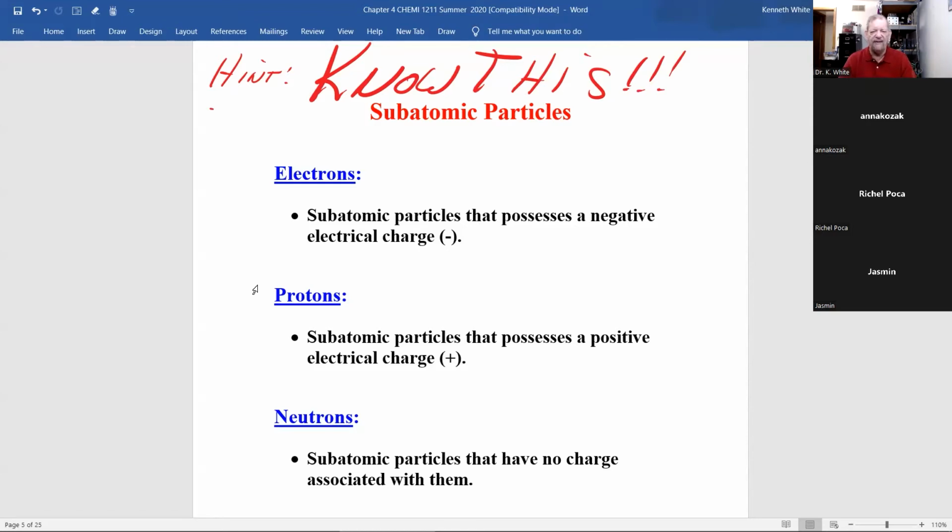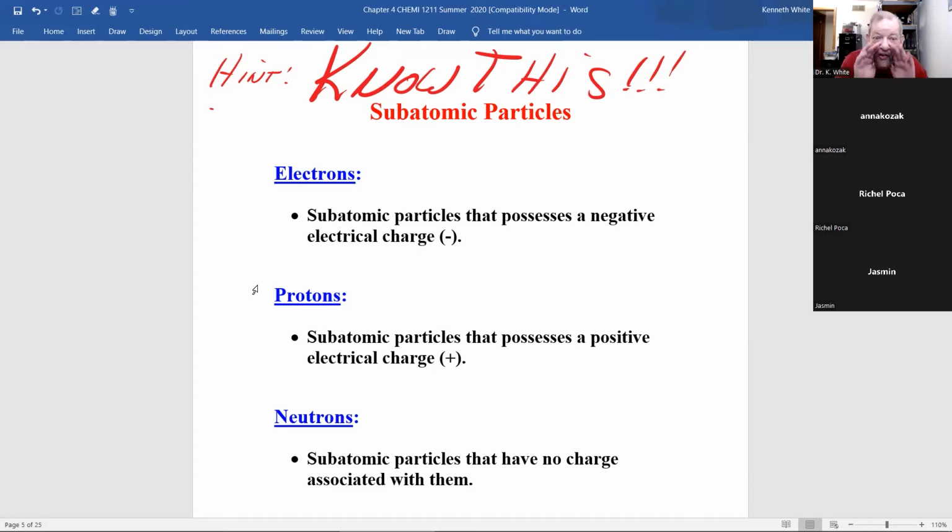The first one, electrons. Second one, protons. Third one, neutrons. At this point, I'd say, come on, do it with feeling. Let's do it again. What are the subatomic particles? The first one, the electrons. Second, protons. And the final, neutrons.